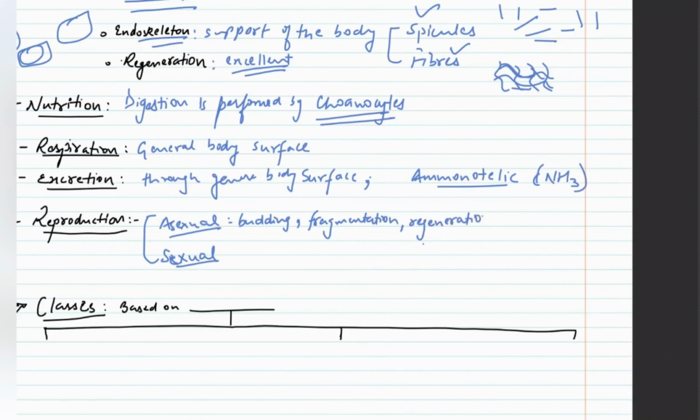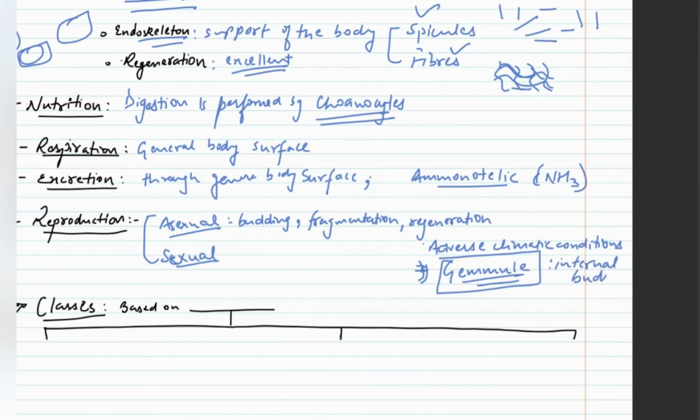In case of adverse climatic conditions where sponges cannot survive, there is formation of a special structure called gemmule. Gemmule is not formed under normal conditions, it is only formed under adverse climatic conditions. These gemmules are also known as internal buds.